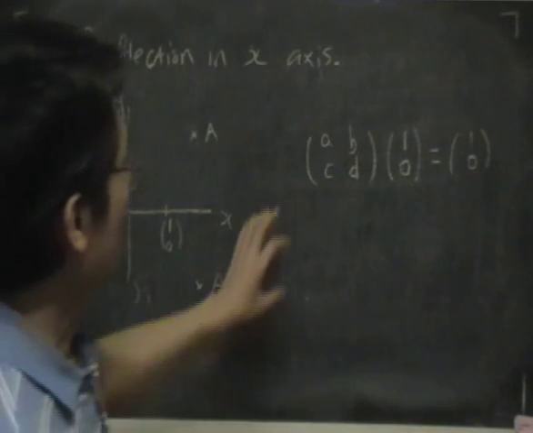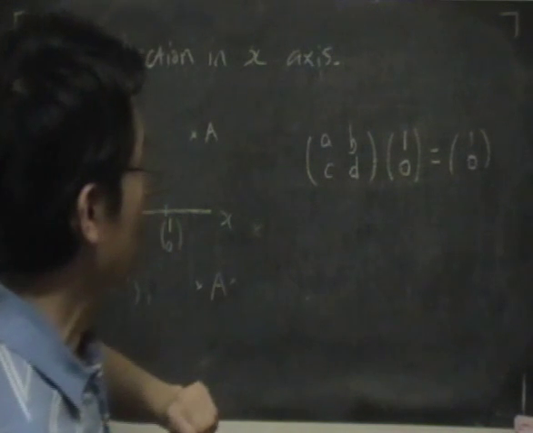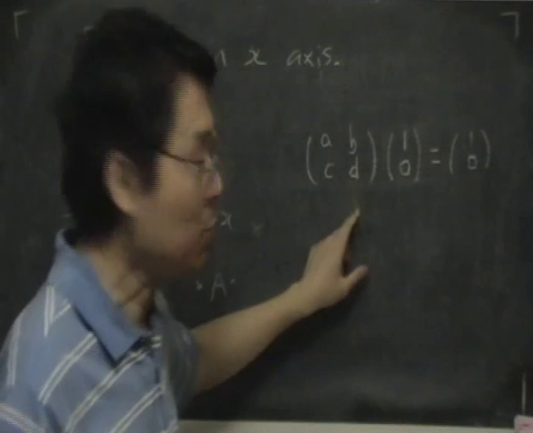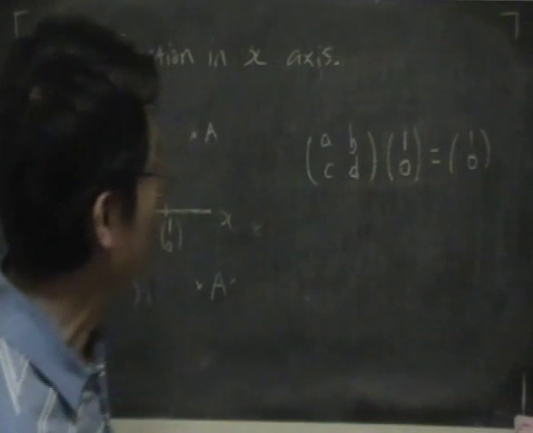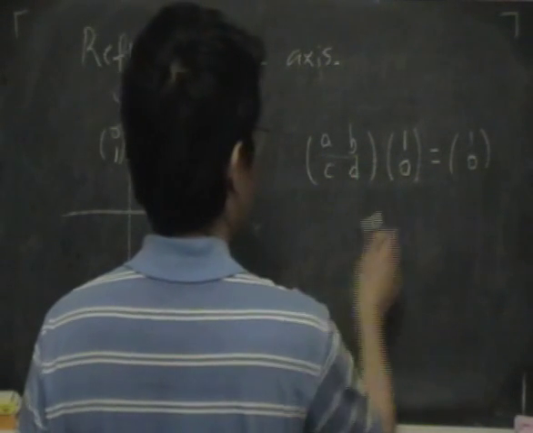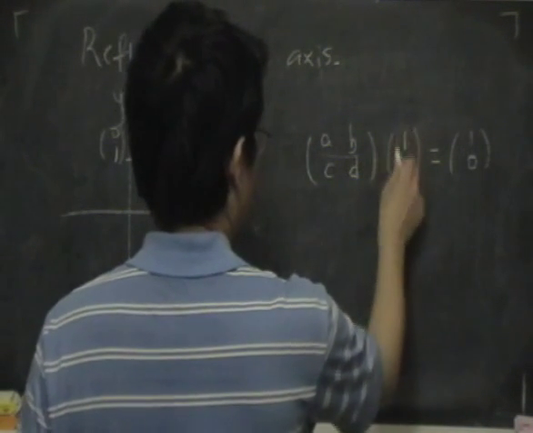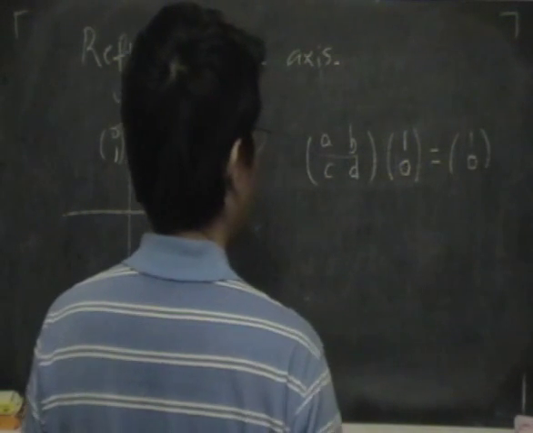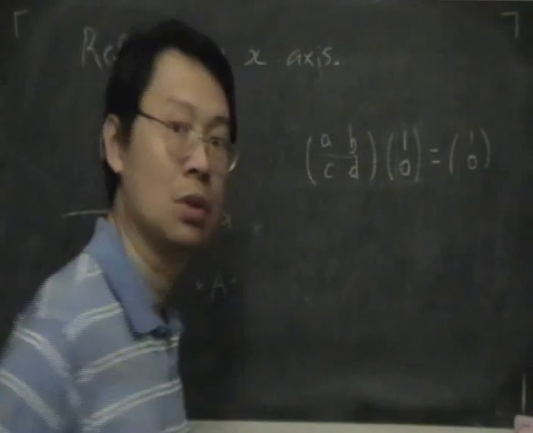Okay. Now this is very useful because let's try multiplying out the left side. Now I'll do A B, first row and this column. So A times 1 is A, B times 0 is 0.